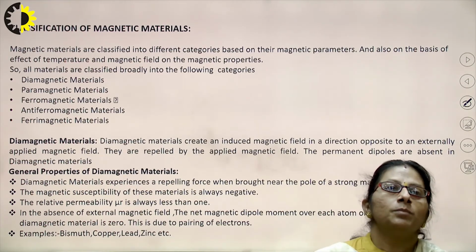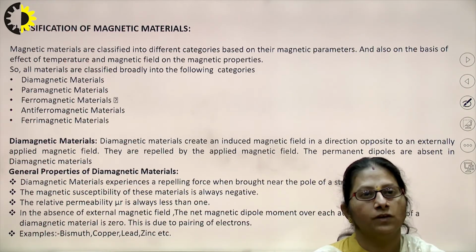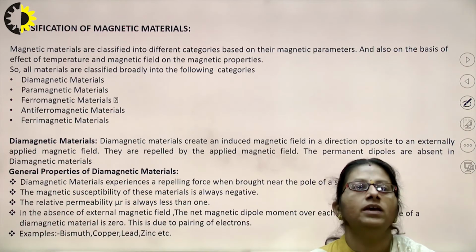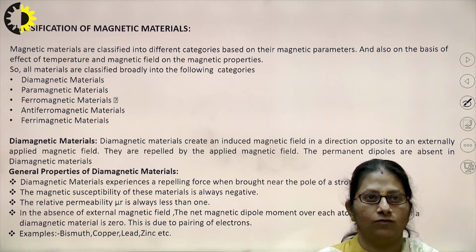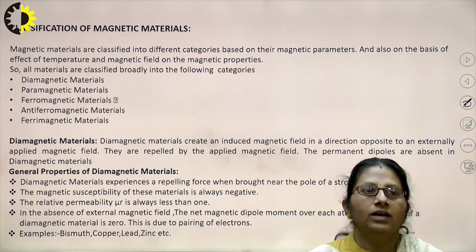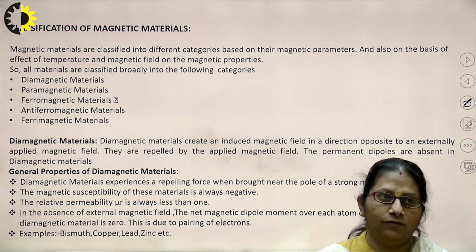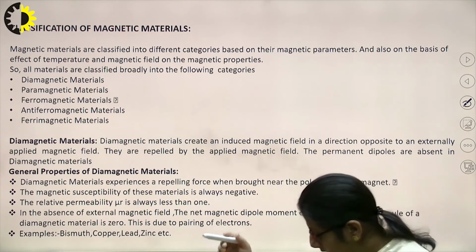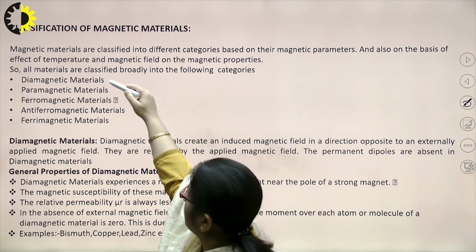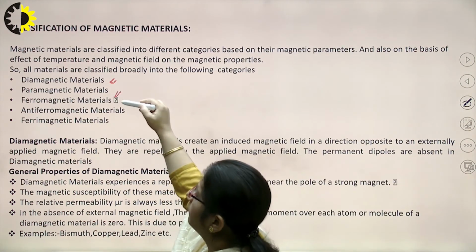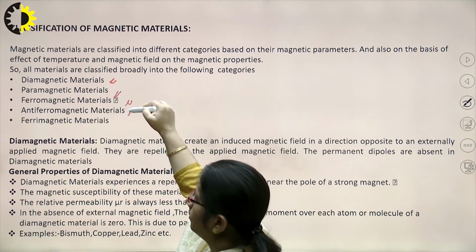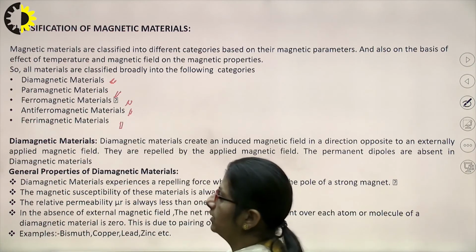Magnetic materials are classified into different categories based on their magnetic parameters and also on the basis of the effect of temperature and magnetic field on the magnetic property. These can be broadly classified as diamagnetic, paramagnetic, ferromagnetic, antiferromagnetic or ferrimagnetic.